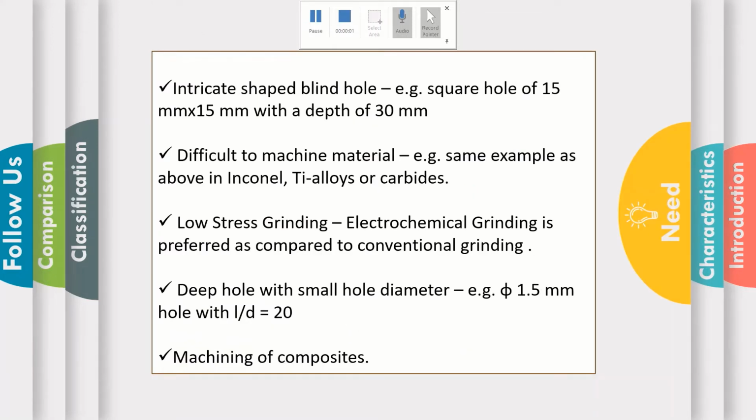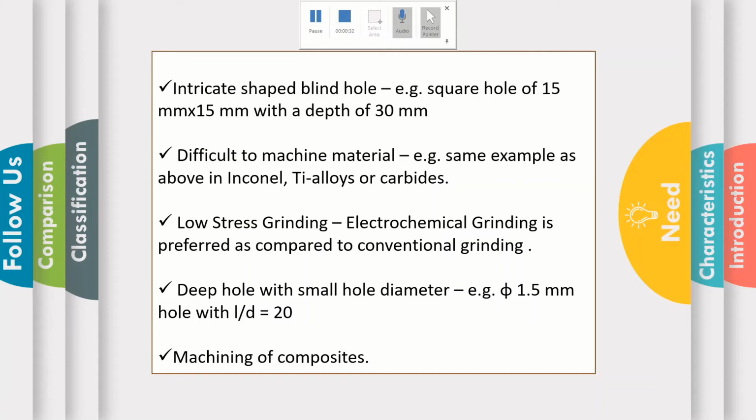Now, the need for non-traditional machining. With development in non-traditional machining processes, currently they are often the first choice and not an alternative to conventional processes for certain technical requirements. Here I will give some examples where we can preferably use non-traditional processes over conventional machining processes.